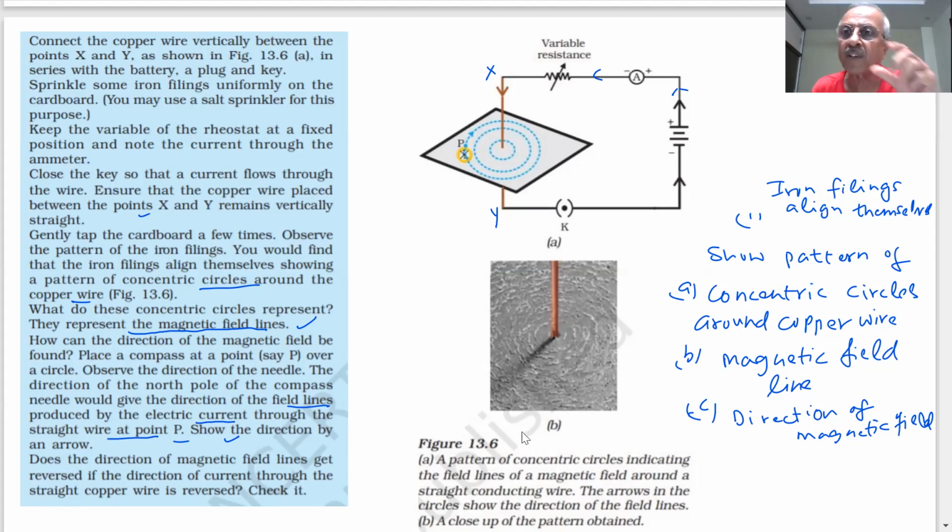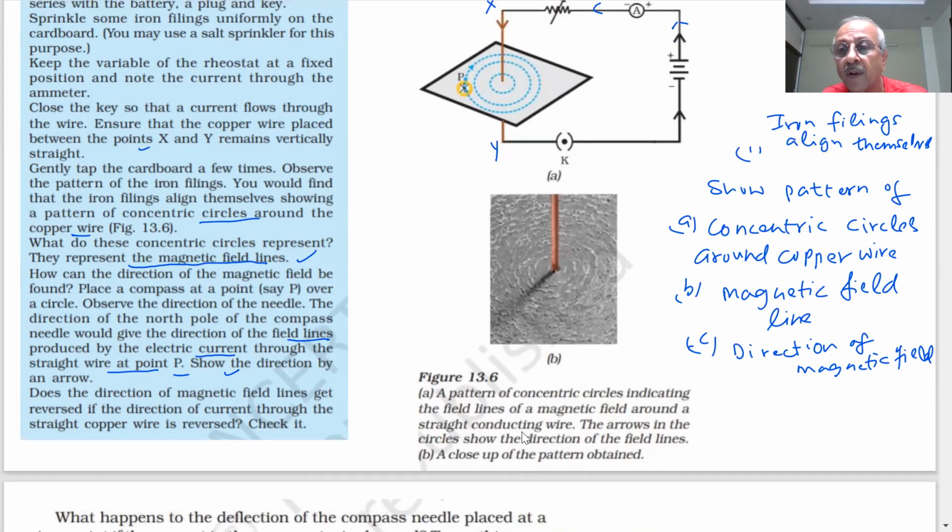So the compass needle has a north and south. Wherever you put the compass, see where the north is pointing. That is a point on this cardboard which gives me the direction of the magnetic field lines. So the north pole of the compass gives the direction of the field lines.